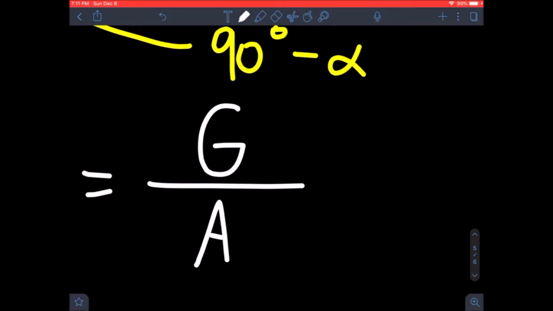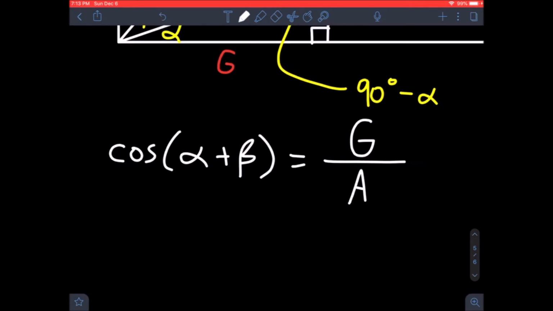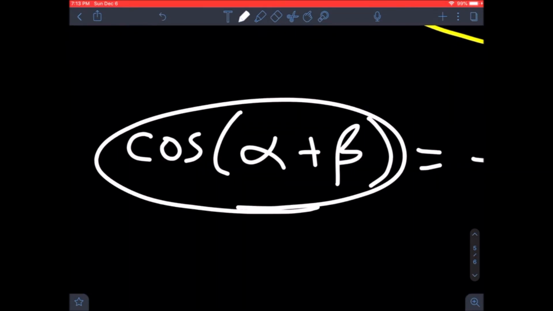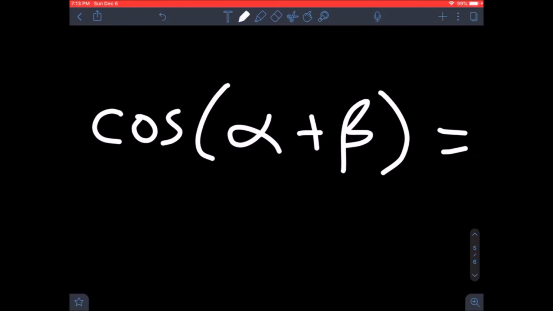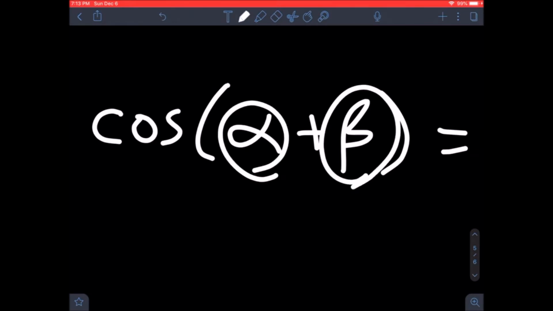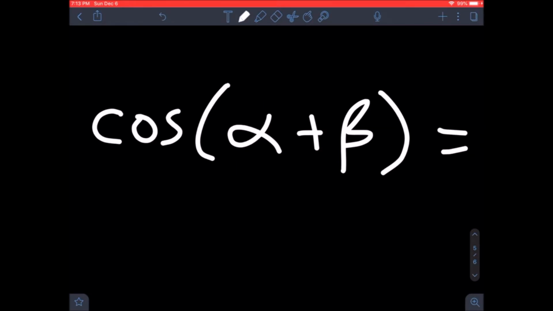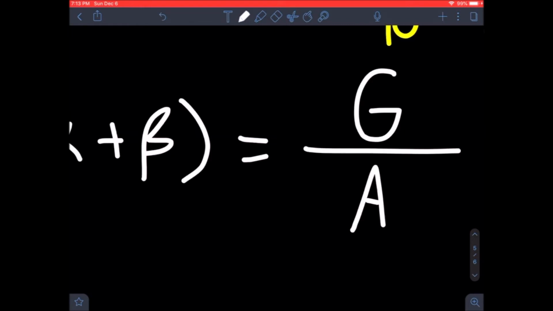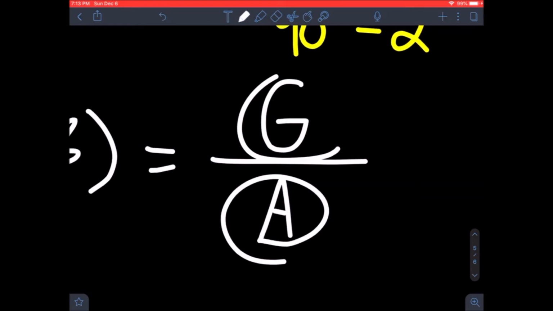However, of course, this is not our final answer. Why would this be our final answer? It's not. Our goal in this video is to find the cosine of alpha plus beta in terms of alpha and beta. That means we're going to need these side lengths to cancel out in some way.